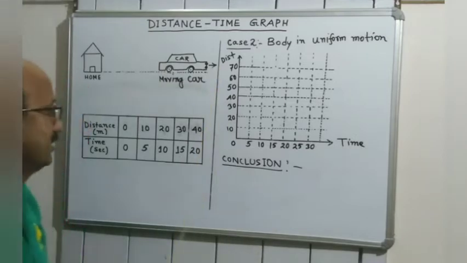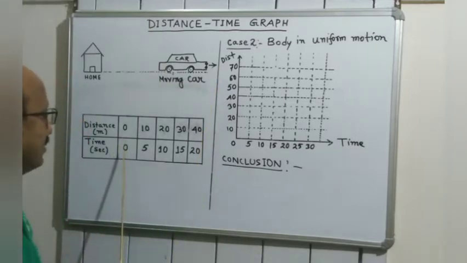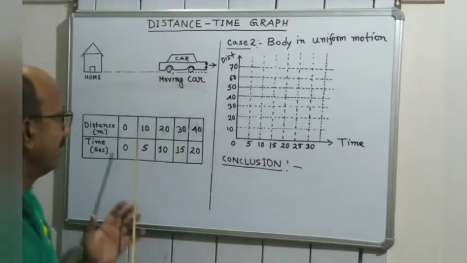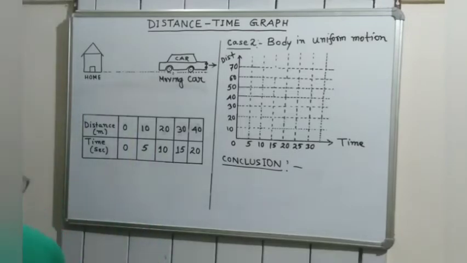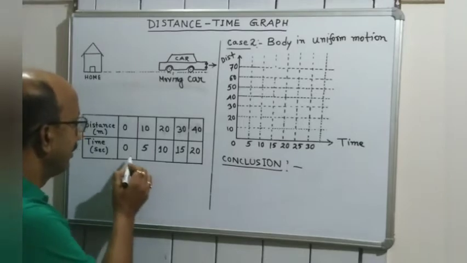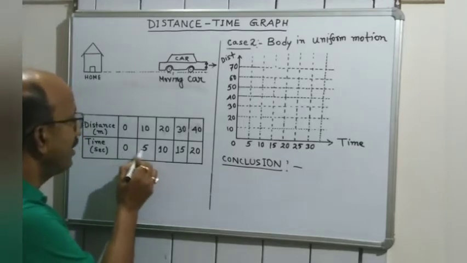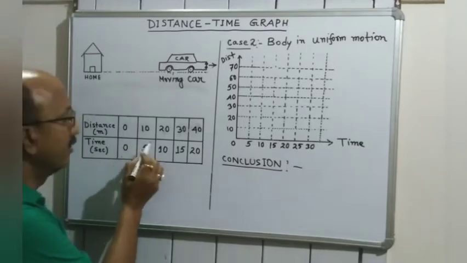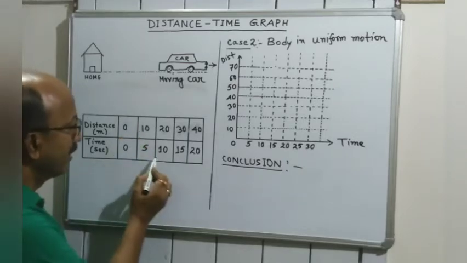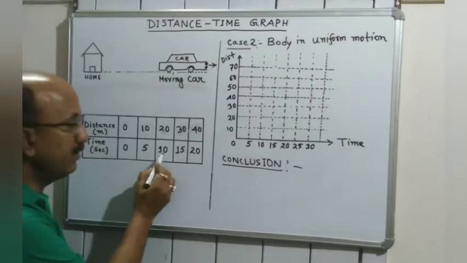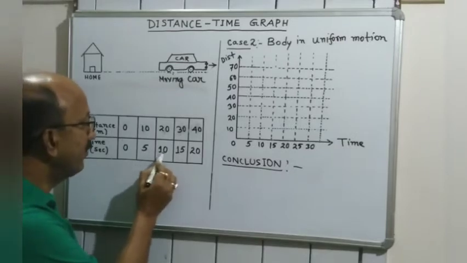You can see that the car is traveling equal distance in equal intervals of time. Between 0 and 5, the difference is 5 seconds. What is the distance traveled? 10 meters. Next, 5 and 10, the difference is again 5 seconds.